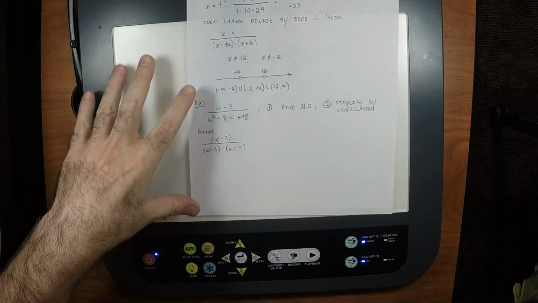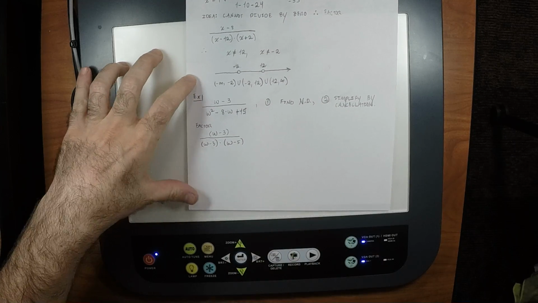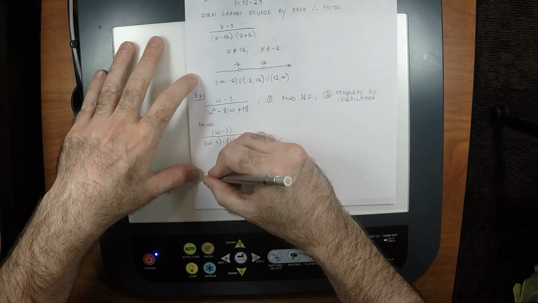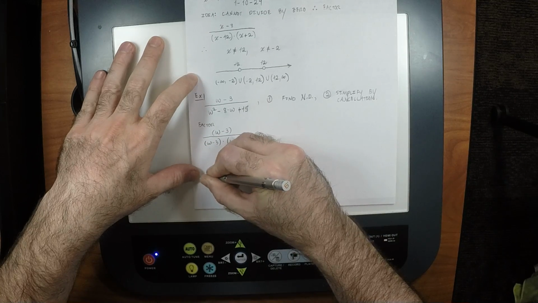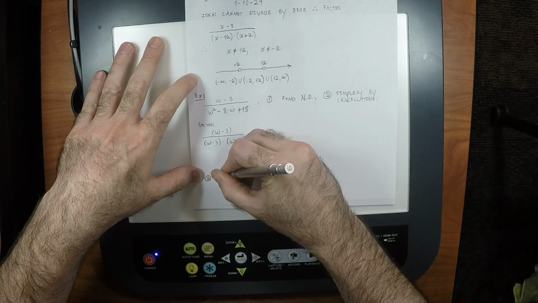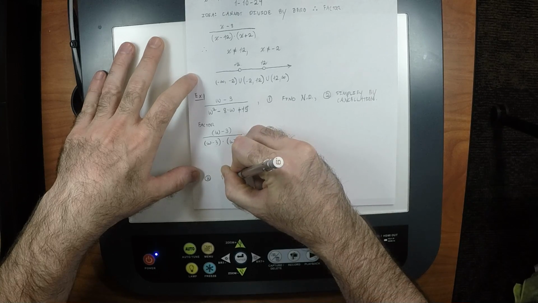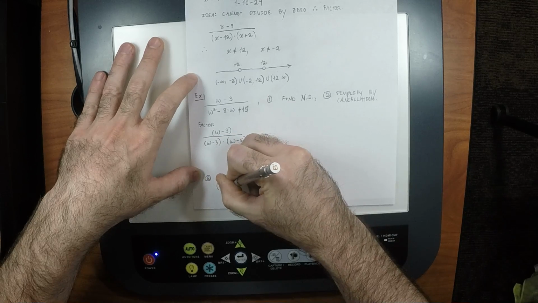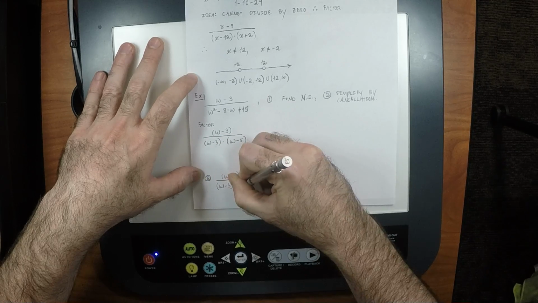All right, so then I'm going to answer question number 2 first, because in my experience, that's the one that students want to do. It factors like this, just copying that thing up there. Question number 2 says simplify by cancellation.